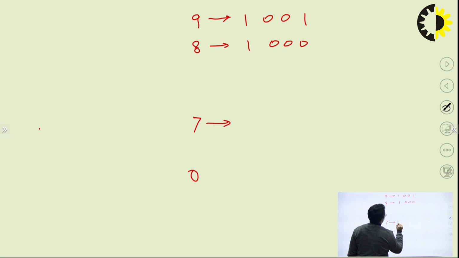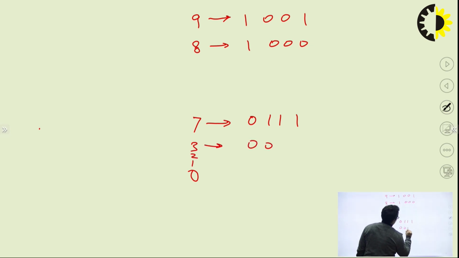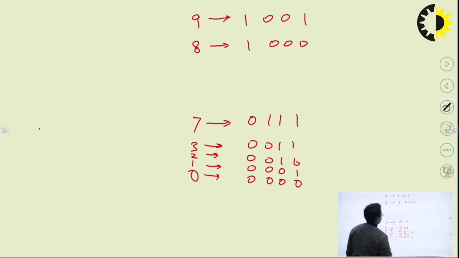Similarly, 7 will be 0111, 3 will be 0011, 2 will be 0010, and finally 1 will be 0001, and at 0 all 4 bits are 0. So this is what we are expecting.